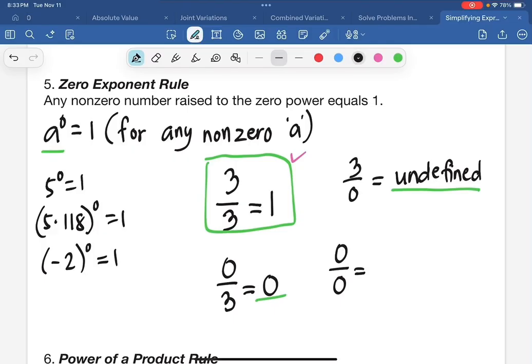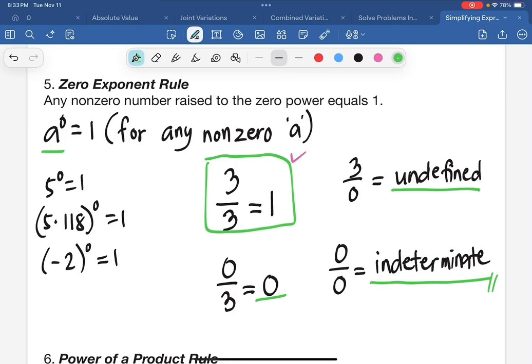That is why if 0 is divided by 0, the answer would be indeterminate. Because again, we don't know which property or ruling should be used. Is it the 3 over 3, the 0 over 3, or the 3 over 0 examples, right? So the term for this would be indeterminate.